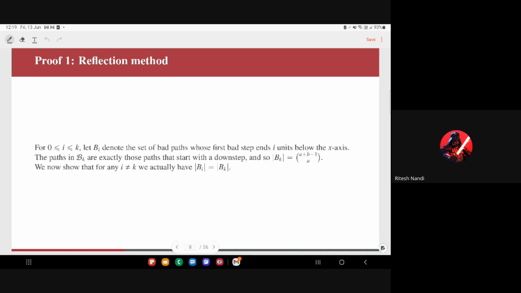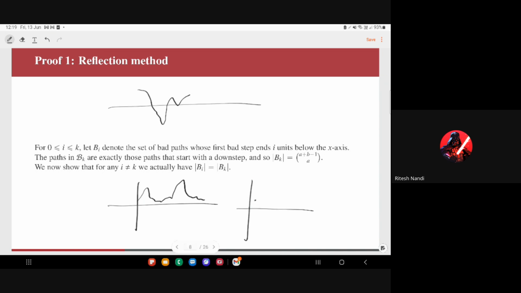Bad paths are where the graph goes down or touches at least once. So this would be a good path, something like this. It does not touch, but anything other than that would be a bad path. Always starting at the origin.